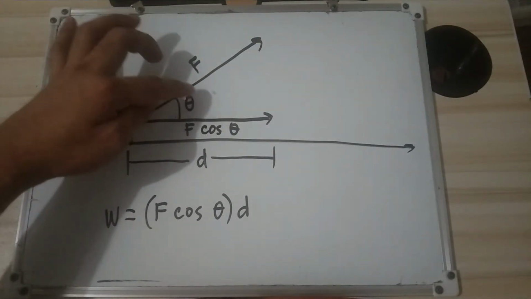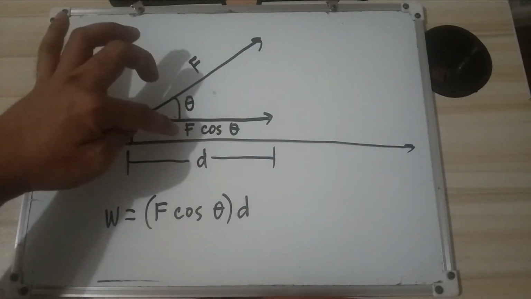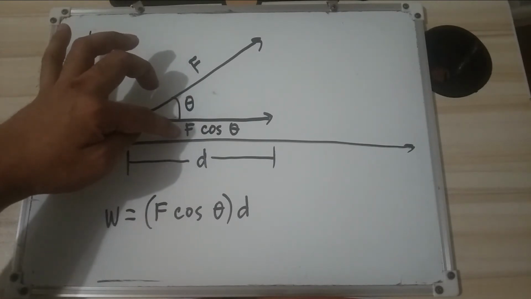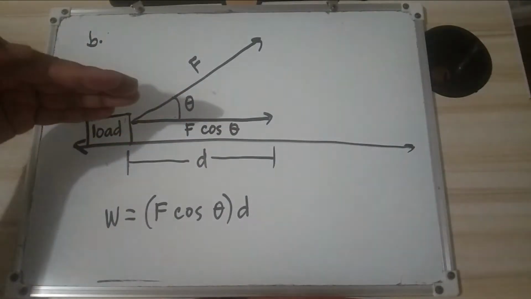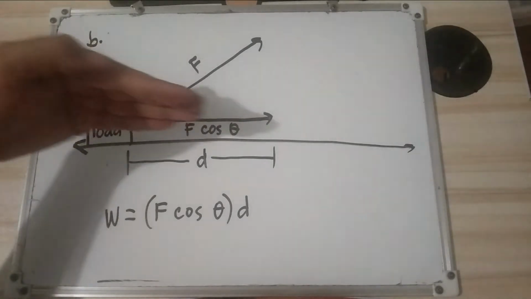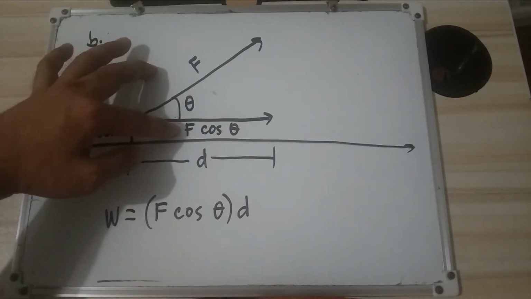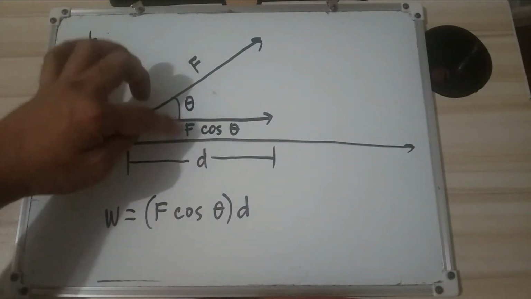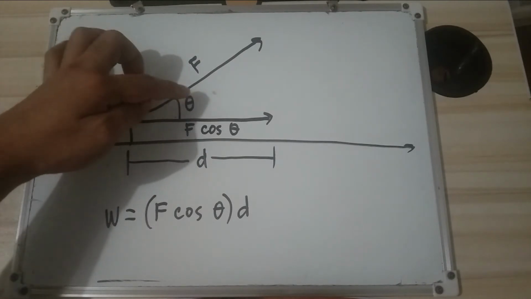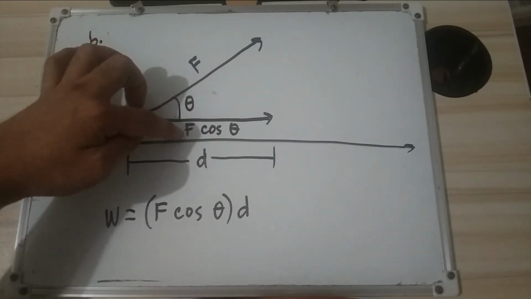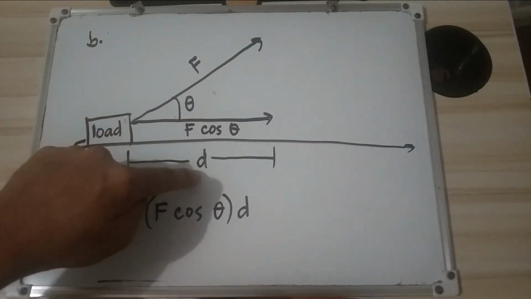And we have theta, okay? And here, the direction through which the load moves, we have here the adjacent side, okay, which is F cosine theta. So we have here theta and F cosine theta, and the distance denoted by D.